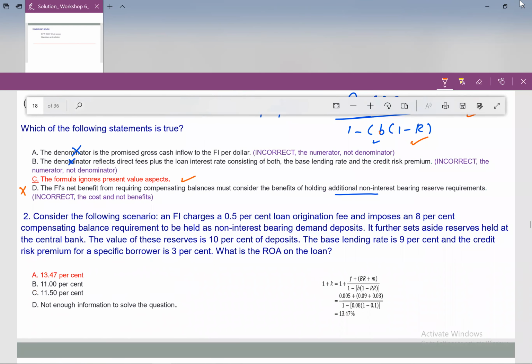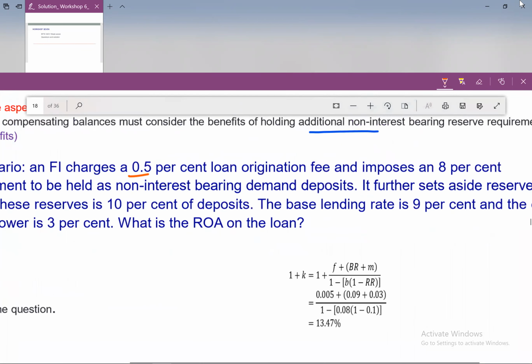Second one is just a calculation, which is a normal thing, which is you have, this is 5%. Oh, no, we have a problem. Yeah. This is the fees. No, it's okay. So this is the fees. This is the compensation balance.